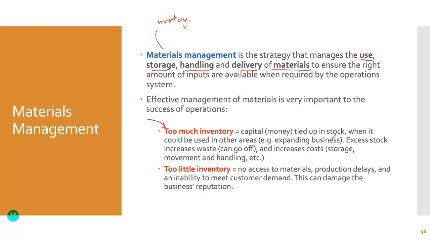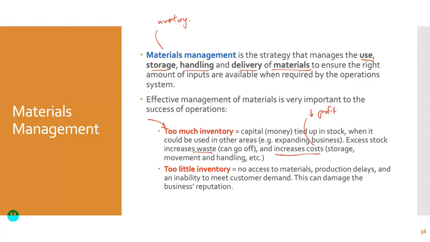This includes spending money on the warehouses and the people to look after them. Also, having excess inventory or excess stock could increase our waste. It can go off if it's perishable or just might become unpopular and we have to sell it for less. And even if we don't waste it, there are going to be significant increases in costs because of the storage, moving and handling. And we know costs will ultimately reduce our profit.